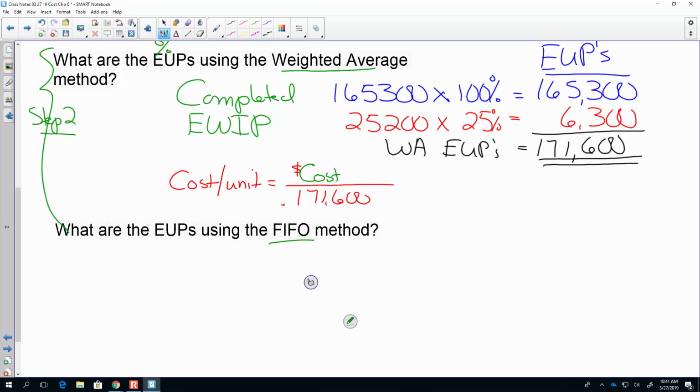And remember, under the weighted average method, we combine current cost, right, plus beginning WIP dollars. Both together under the weighted average method. You have to keep that straight. Because it's different under FIFO, right? And we'll get to that next.